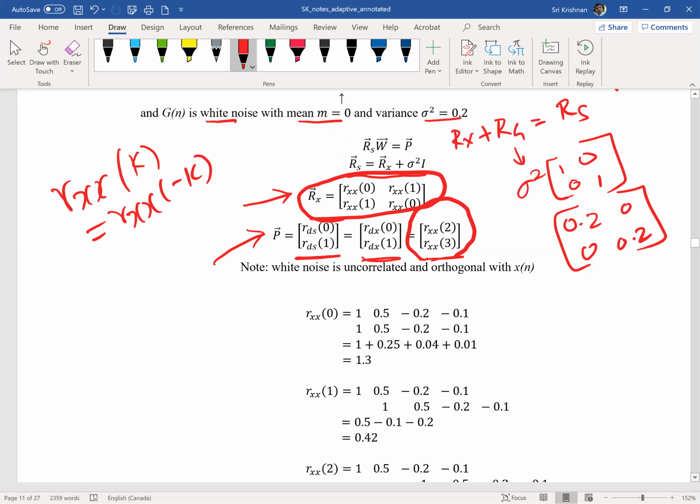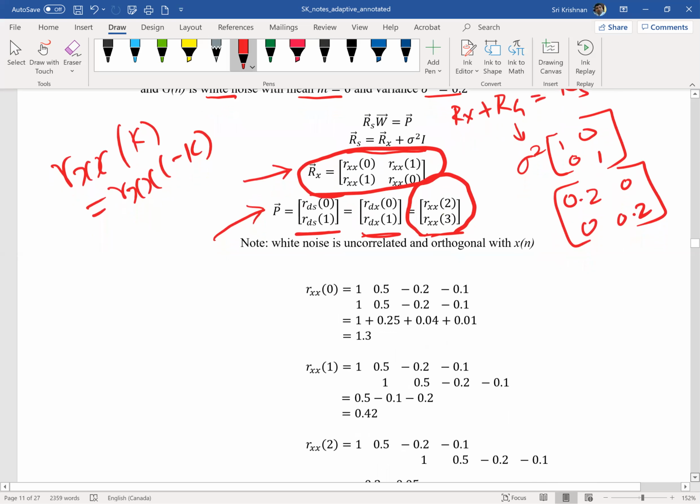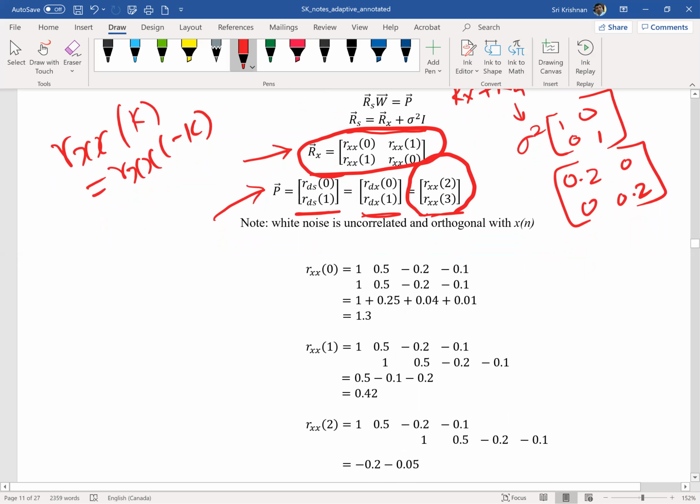So just going through the simple mathematical calculation, we were given the discrete sequence of the signal xn to be this, and with n equal to 0, x of 0 is equal to 1, x of 1 is 0.5, and so forth. So RXX0 is basically signal multiplied with itself with no delay, and it happens RXX0 is 1.3.